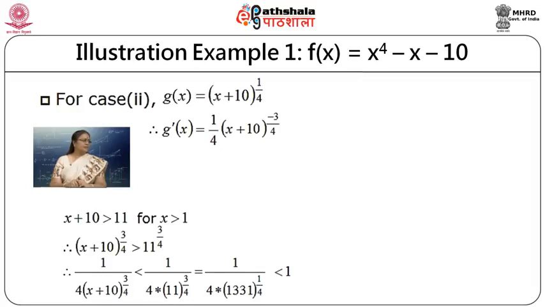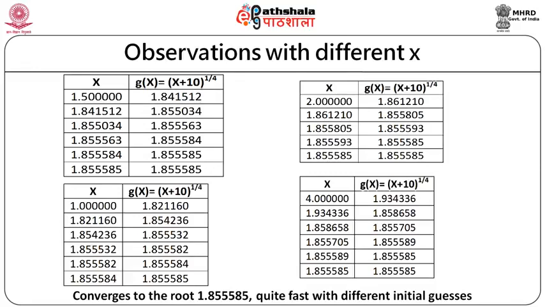So, x plus 10 raised to 3 by 4 will be greater than 11 raised to 3 by 4, and 1 upon x plus 10 raised to 3 by 4, divided by 4, will be less than 1 by 4 into 11 raised to 3 by 4. This number can be verified to be less than 1, and so by our theorem's result it should ensure us convergence.